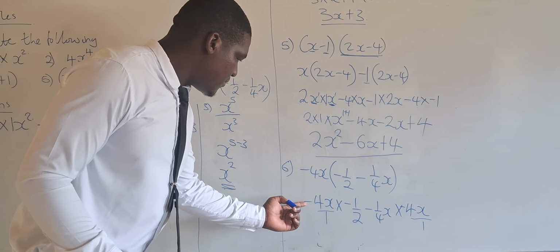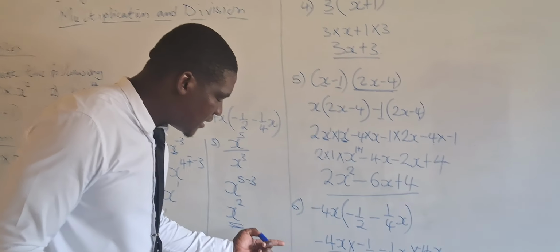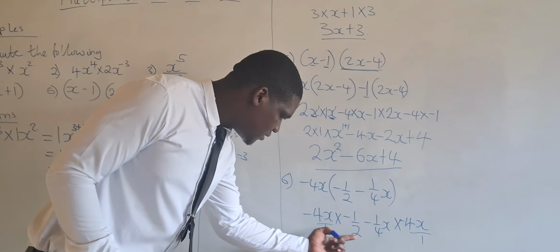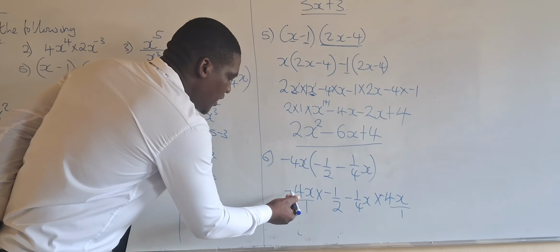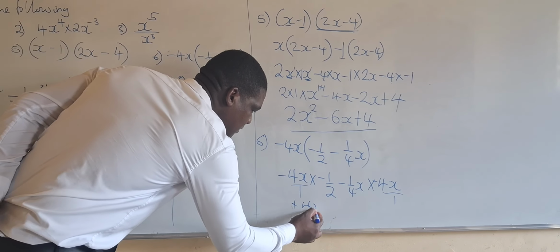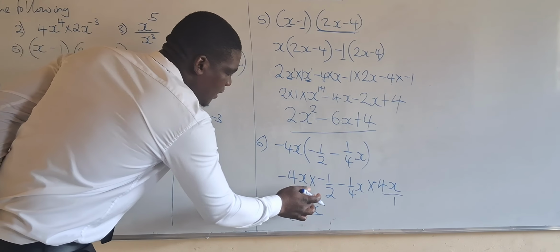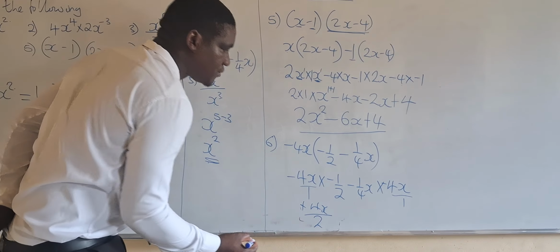So we are saying minus times a minus. Those on top, they multiply each other, and those on the division side, they multiply each other. So I say minus 4x times minus 1, you get plus 4x over 1 times 2 to get 2.